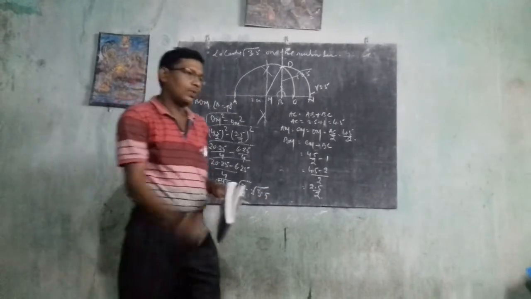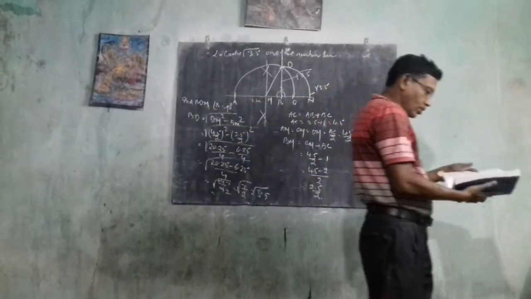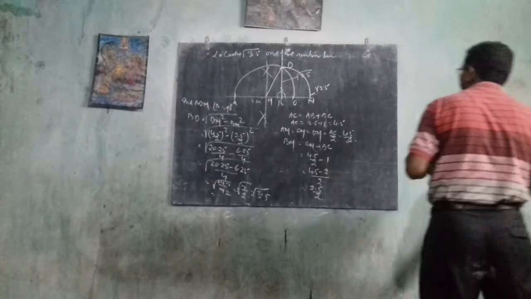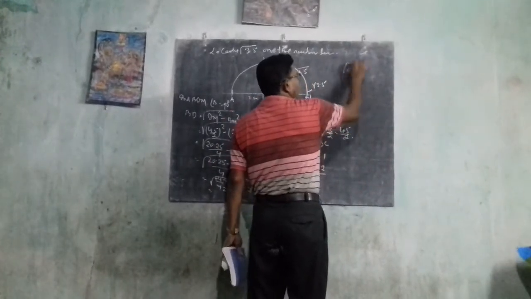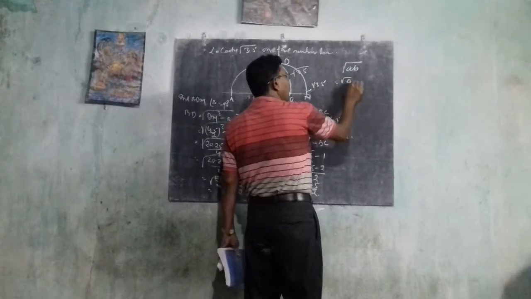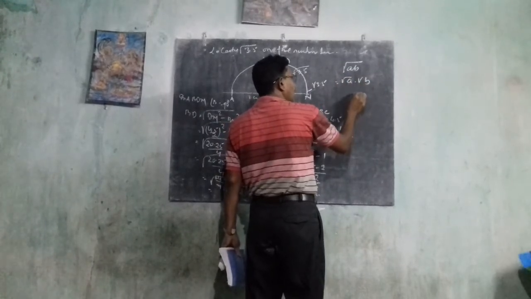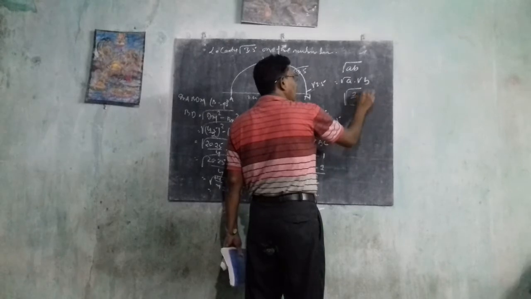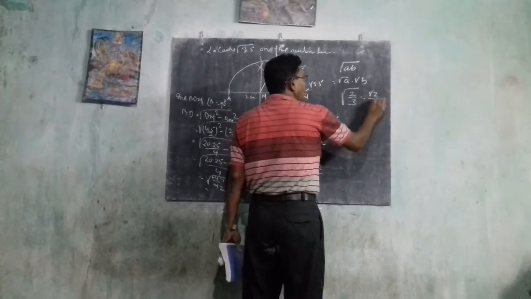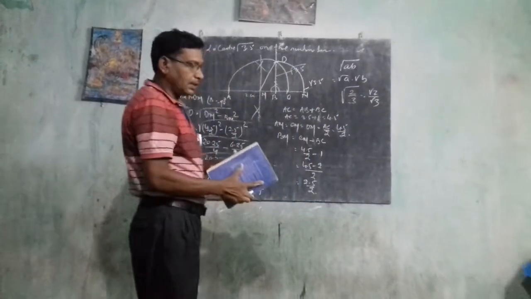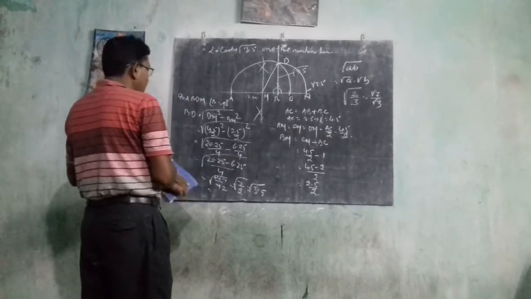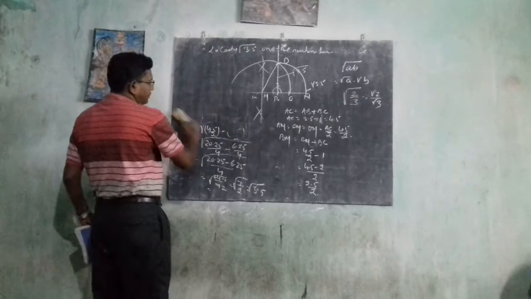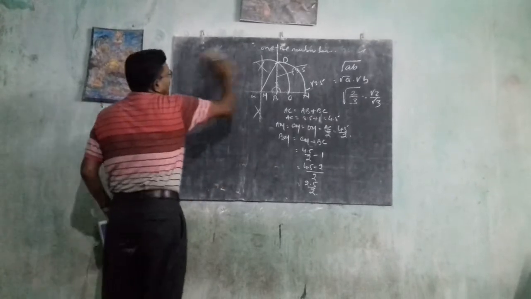Okay. Now another example here. Suppose root A into root B. This means root AB. Suppose root 2 into root 3. This means root 6. So this type. Another example here.